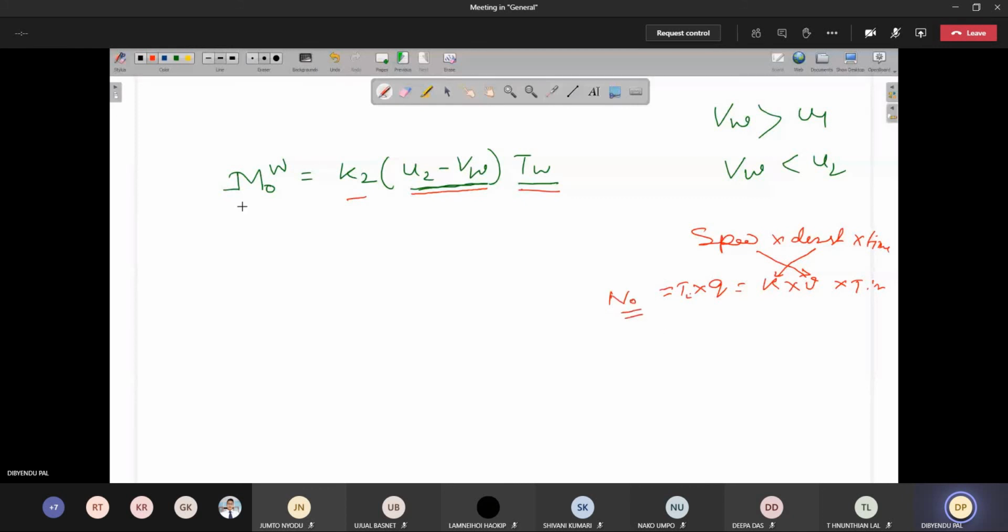So this is basically the number of vehicles which has overtaken the test vehicle while moving with the stream. That is what I have calculated.